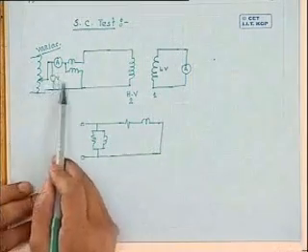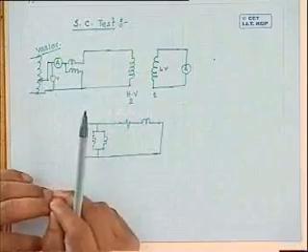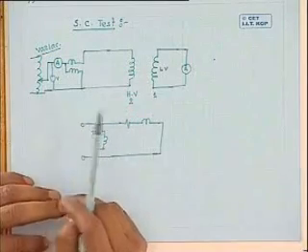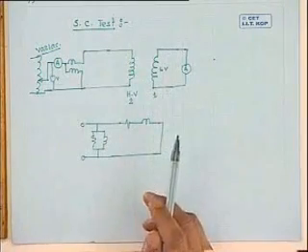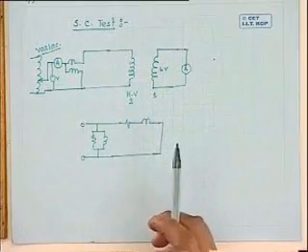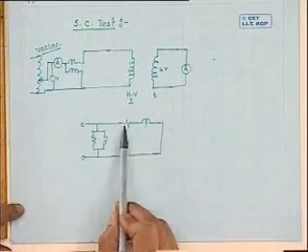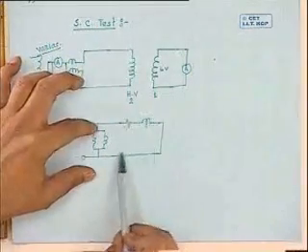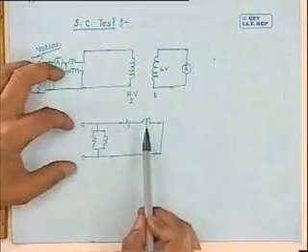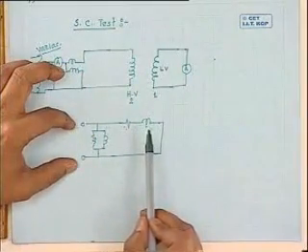Therefore, let us imagine I have applied the full rated voltage of this HV side. Then how much will be the current? Magnitude of the current here will be limited only by the internal impedance of the transformer. This voltage divided by this impedance will practically decide what will be the current drawn.